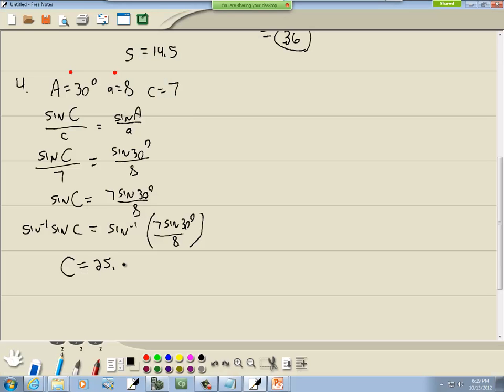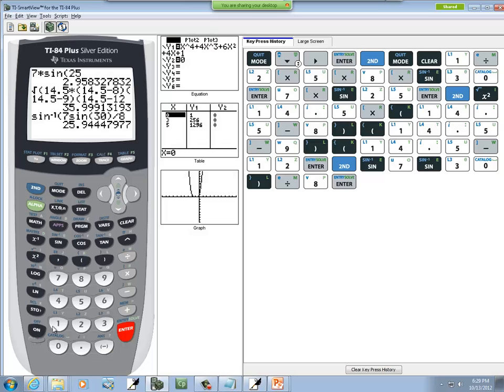And we get 25.94 degrees. Now this is an approximation, and we don't like approximations. Realize that this goes out many decimal places.